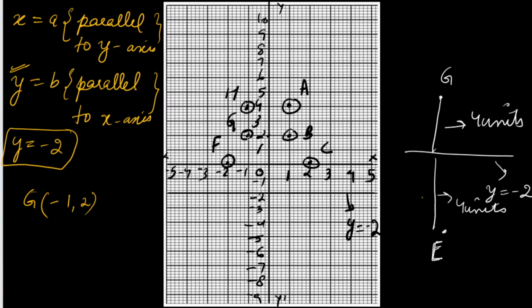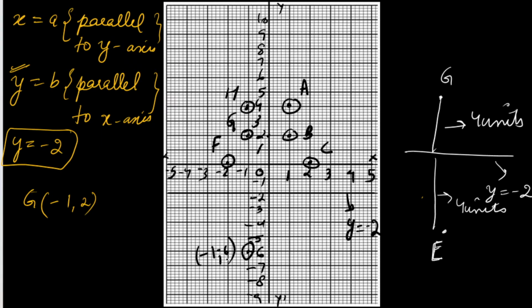G we have minus 1 comma 2. So 1, 2, 3, 4. From this point, if I count 4 units below this line, 1, 2, 3, 4, here I will get minus 1 comma minus 6.